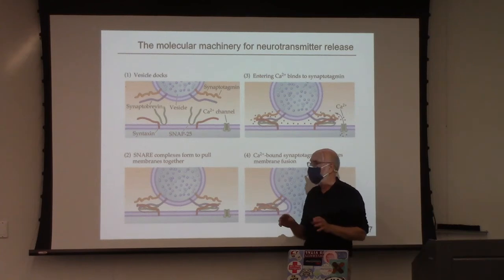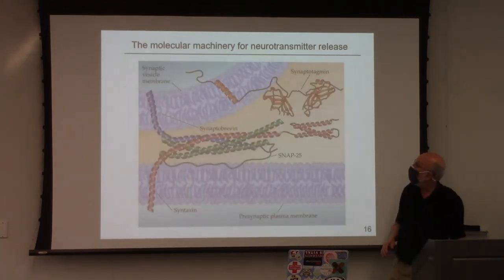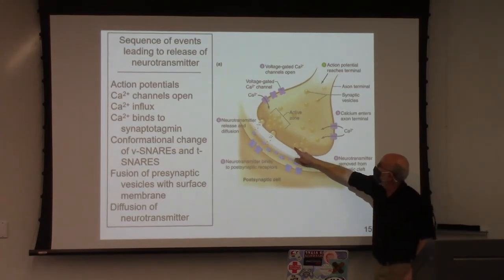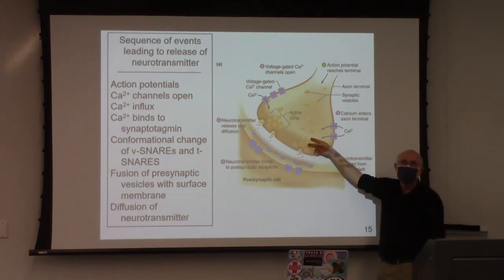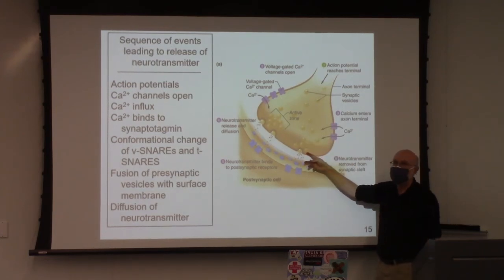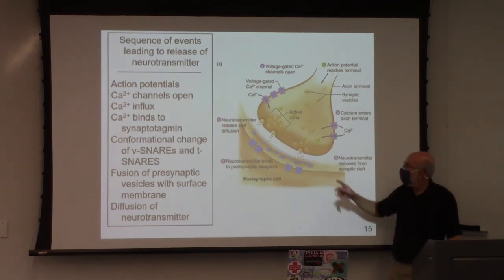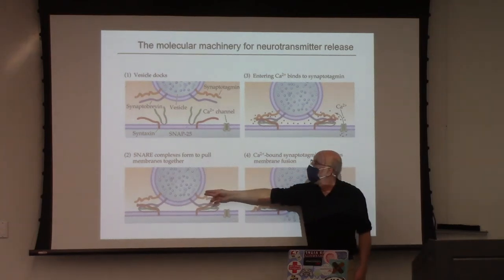It's very, very close. It's ready to fuse. That's cartooned here by these vesicles that are docked at the site, ready to fuse. And they're in sort of an equilibrium population with vesicles that are in reserve, ready to replace these once these fuse in.